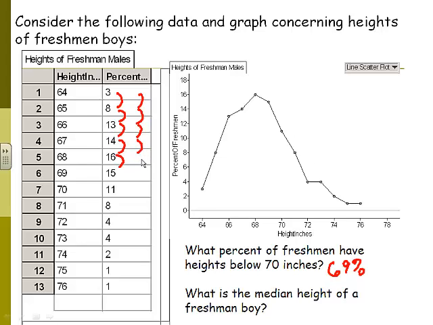So this is the 54%. The median occurs somewhere in this column. So we would say that the median height is 68 inches, because that is where the 50th percent would occur. Make sense? Alright, so let's go to the next slide.